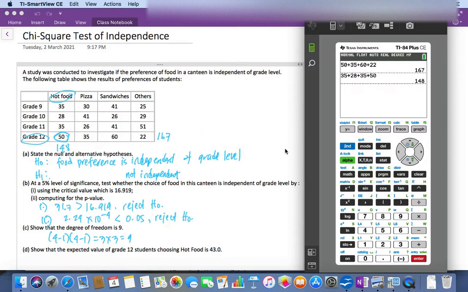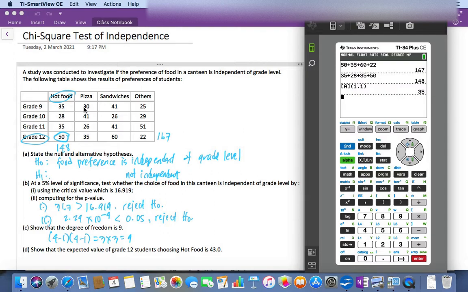But I would add this using matrix notation and sigma notation just to make it faster, because these values are already in the matrix. If you take a look at the matrix A, this can actually be accessed from your second function, matrix A, and you can say 1 comma 1 is actually the number that corresponds to the first row in the matrix and the first column in the matrix, which is 35.